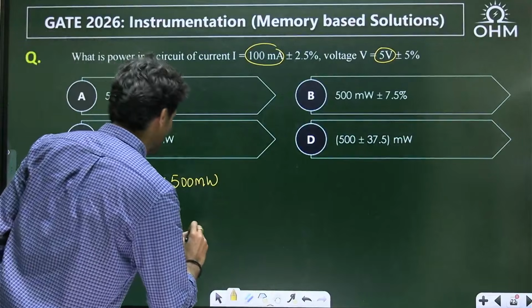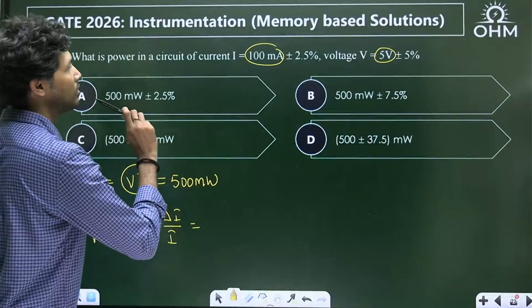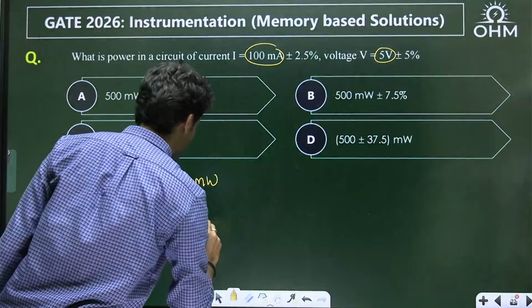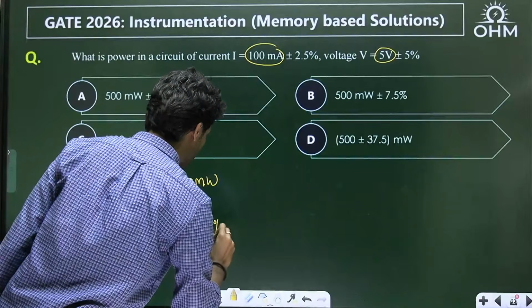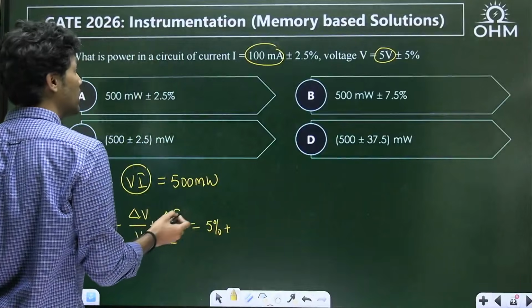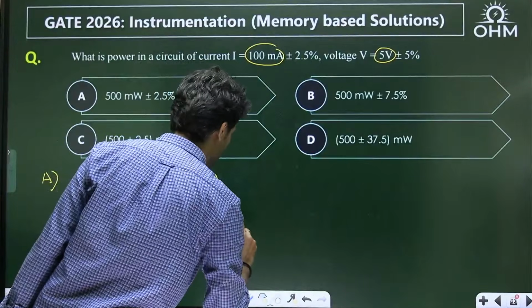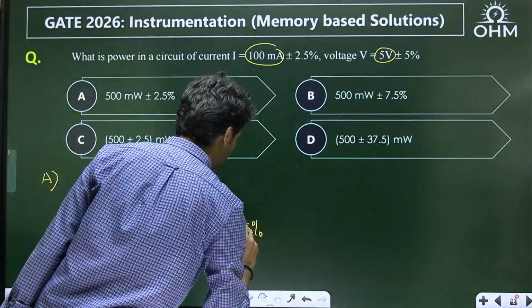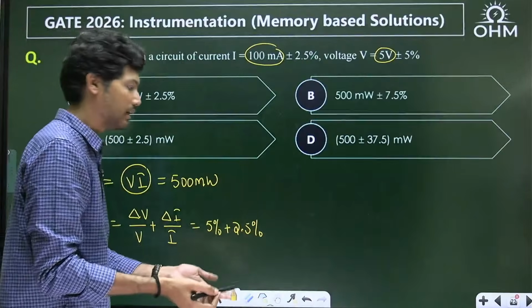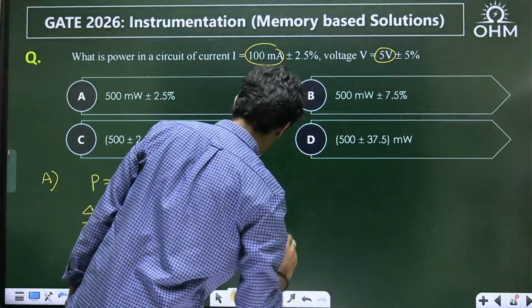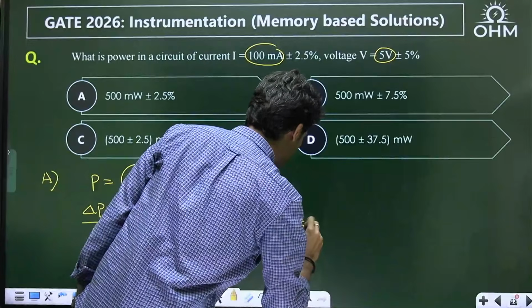So how much is the percentage change in voltage? It is 5%. So 5% here plus how much is the percentage change in current? It is 2.5%. So the percentage error gets added up when it is multiplication or division also. So the answer is 7.5%.